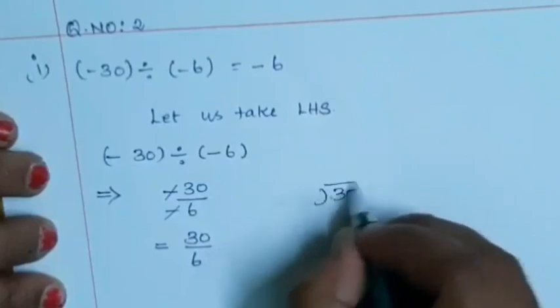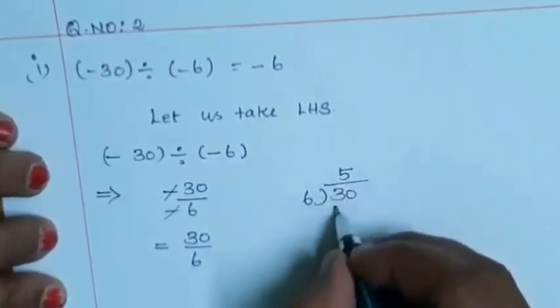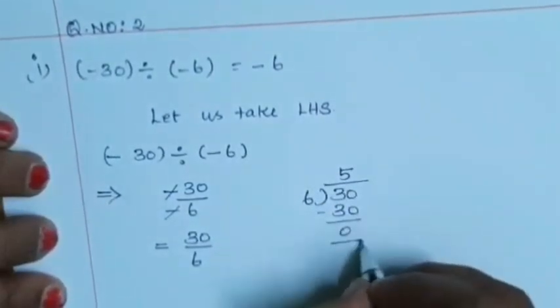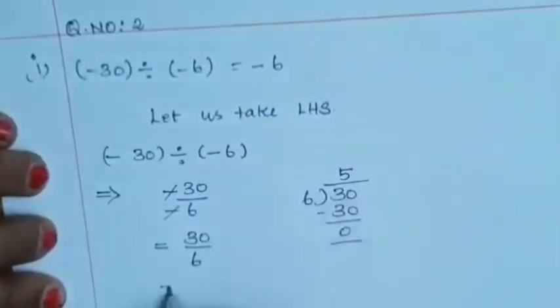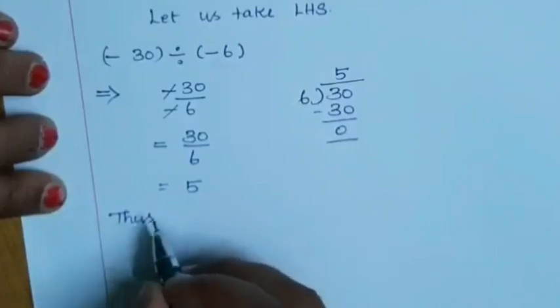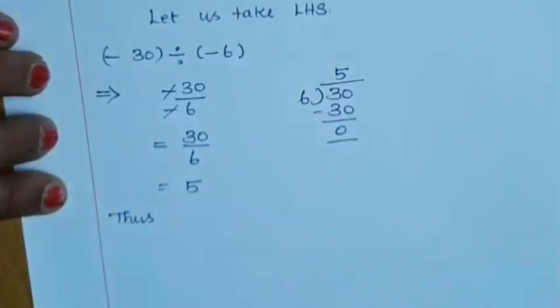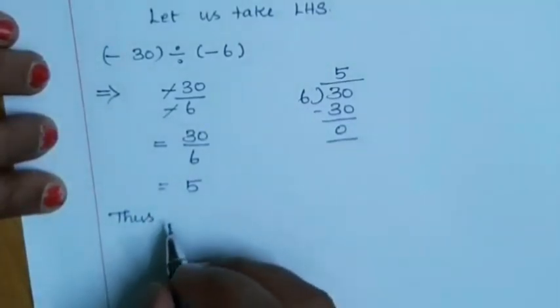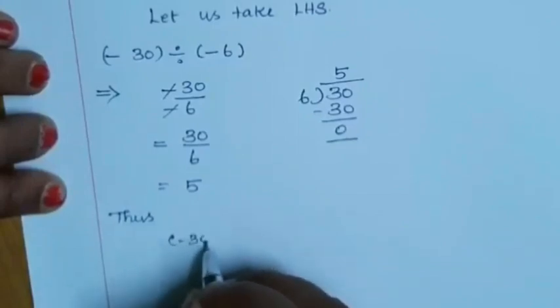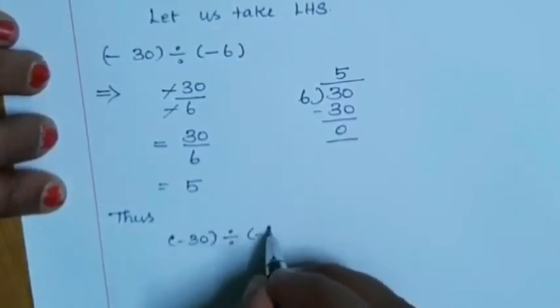By dividing 30 by 6, we get 5. 6 5s are 30. Subtracting 30 from 30, we get 0. So the answer is 5. Hence we can see that minus 30 divided by minus 6 is equal to 5.